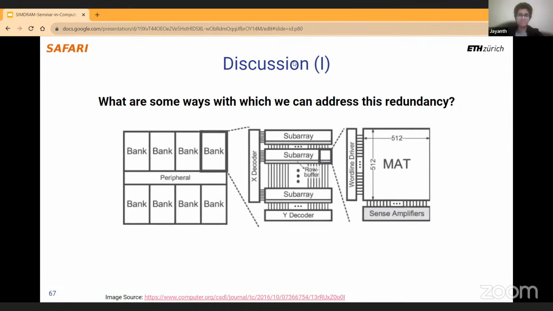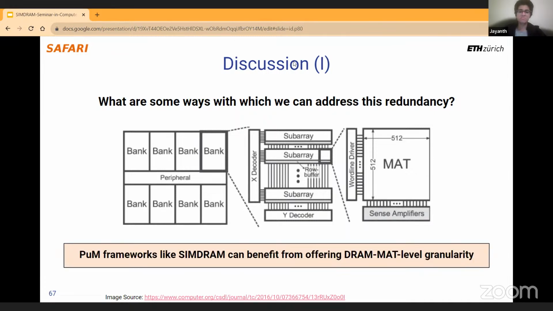Yeah, so that is one feasible method, and I think this already exists in modern DRAM architectures, where subarrays are actually divided into what are called DRAM mats. So if we extend SIMDRAM to be enabled at a finer granularity, that is at a mat level, then probably the redundancy could be limited.